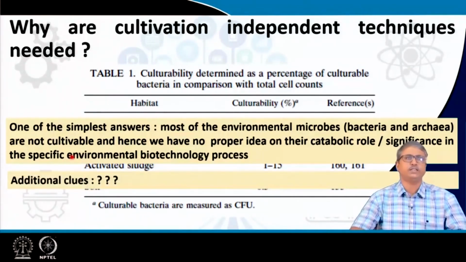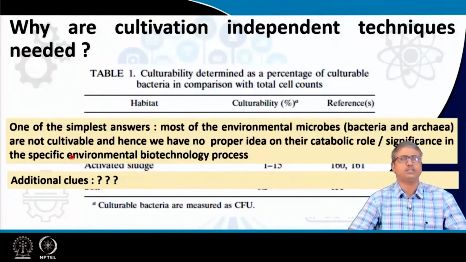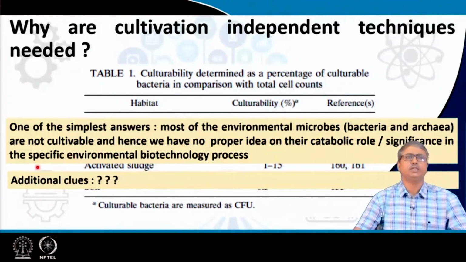And of course, there are additional clues, like how these organisms interact with each other, how they react to other environmental factors, and what other additional benefits we can get from those organisms, particularly when we are discussing the waste to wealth concept in a circular economy.